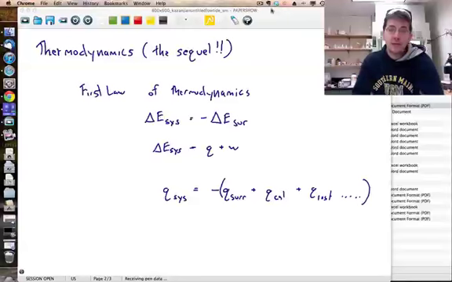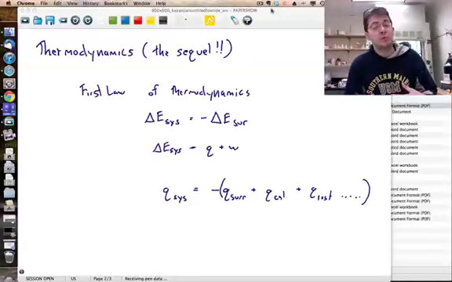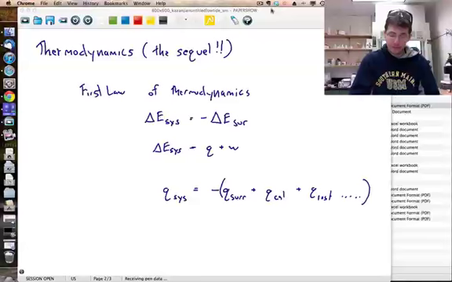And so we can then use things like calorimetry to measure the heat.